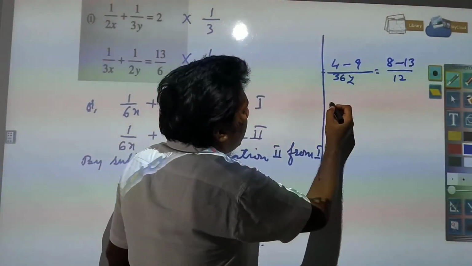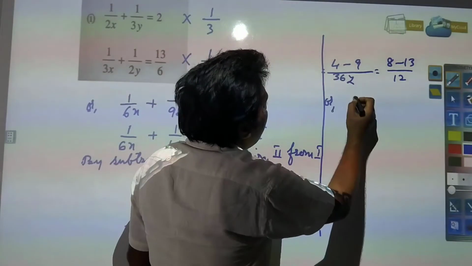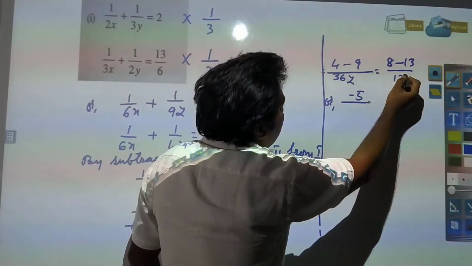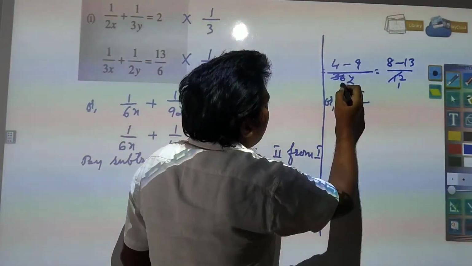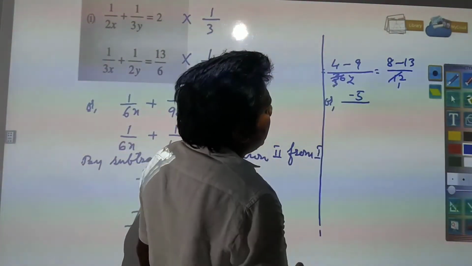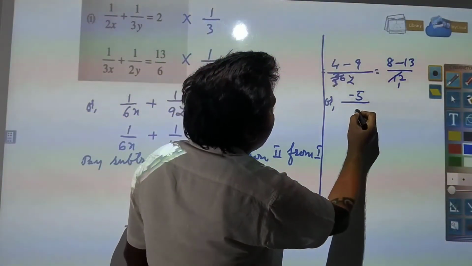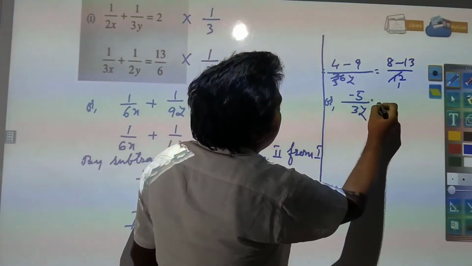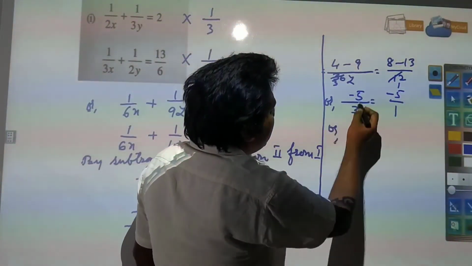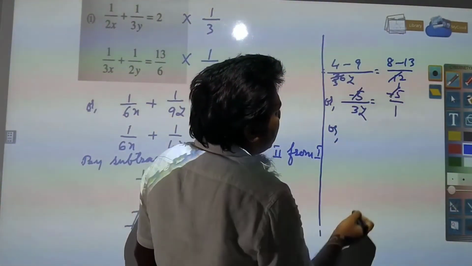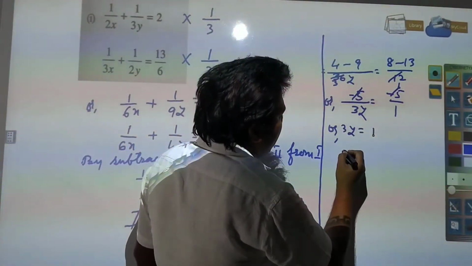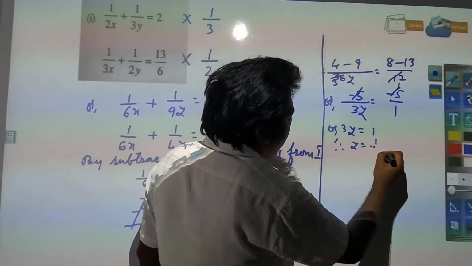Now you see what you will get. Here you will get minus 5 by 12, 1 twelve is 12, 12 threes are 36. So you will get minus 5 by 36y is equal to minus 5 by 12, or this 5 and 5 also will be cancelled. So you will get 3y is equal to 1 and hence y will be 1 by 3.